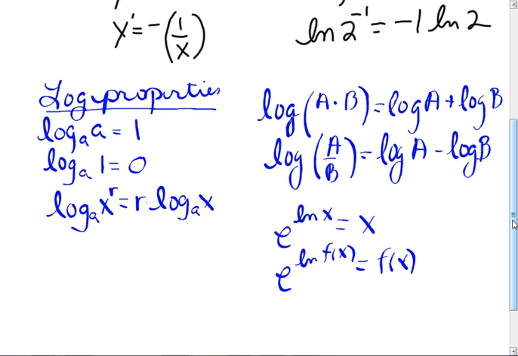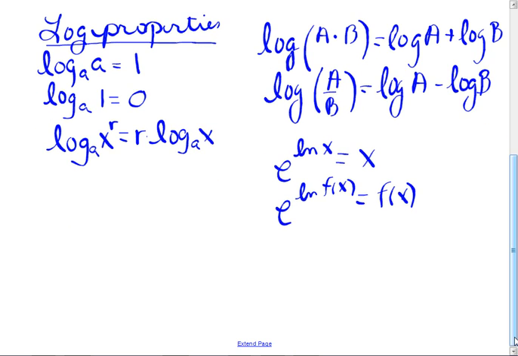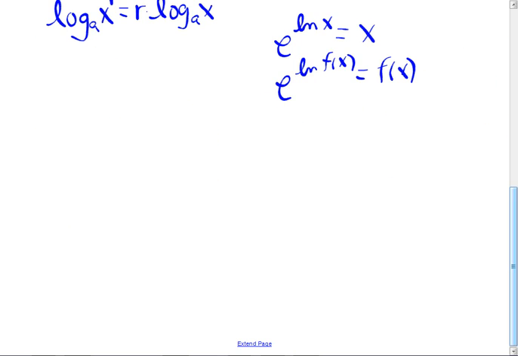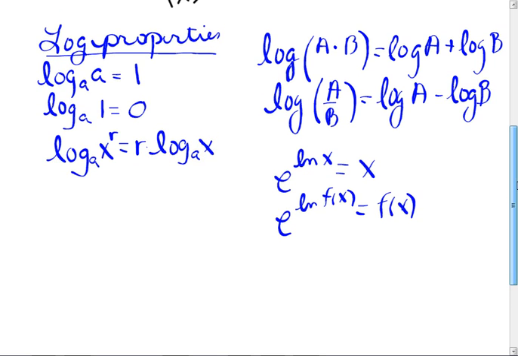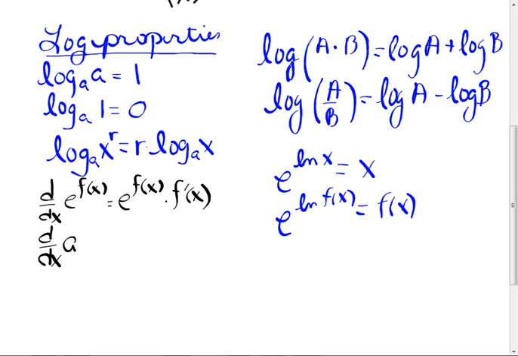At the bottom of this page, why don't I just put my derivatives here. You will get a sheet with derivatives that you'll want to fill out. The derivative of e to the f of x is e to the f of x times f prime of x. The derivative with respect to x of a to some function is a to that function times the natural log of a times f prime of x.